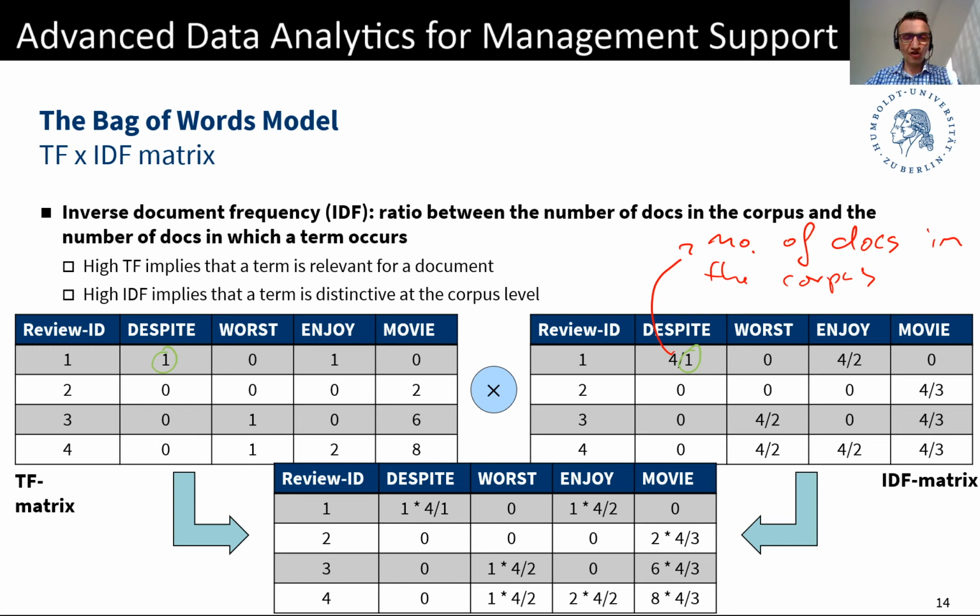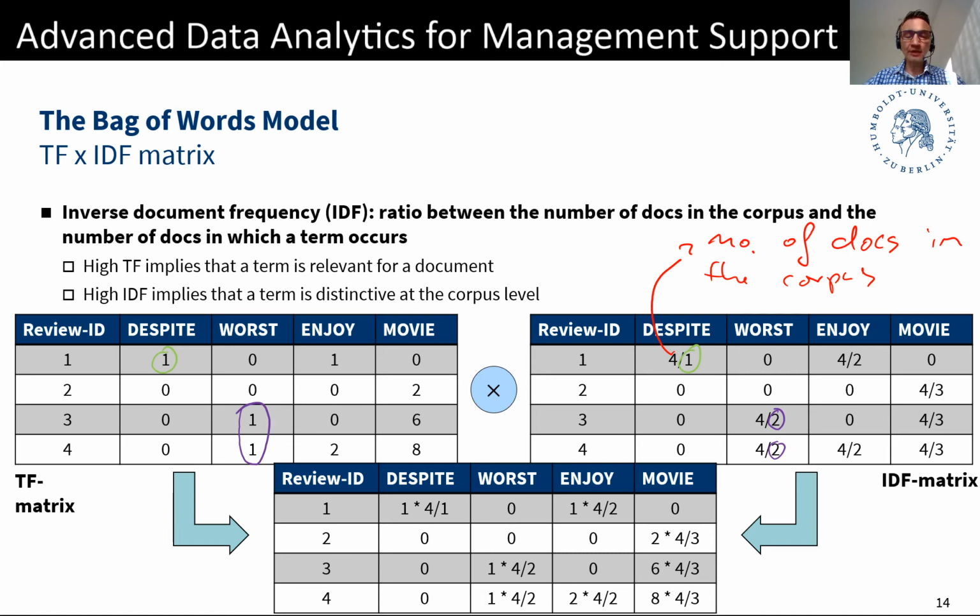The word worst, the IDF score is 4/2. Well, the 2, and obviously also that 2 here, comes from the fact that the word worst is used in 2 of our documents. You got the idea.